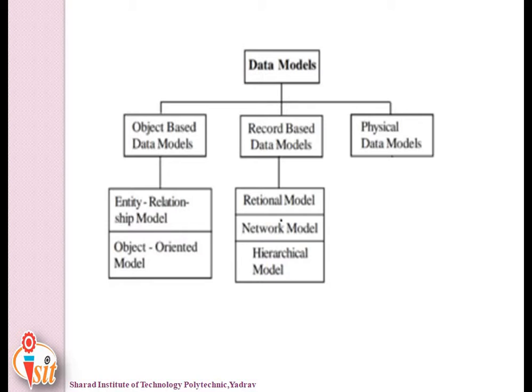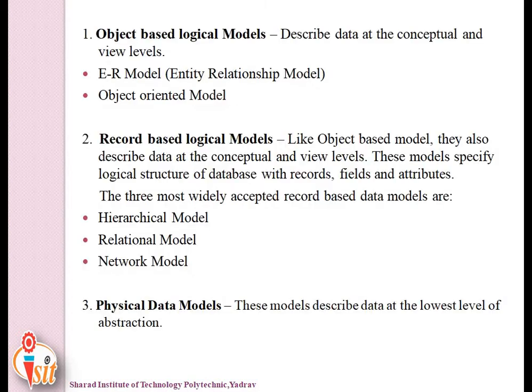First, we will see what is object-based data model, what is record-based data model, and what is physical data model. In our syllabus, that is in 2.1, we have to study only three models in detail: hierarchical database model, network database model, and object-oriented database model.